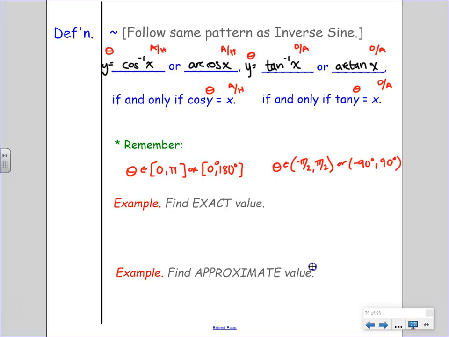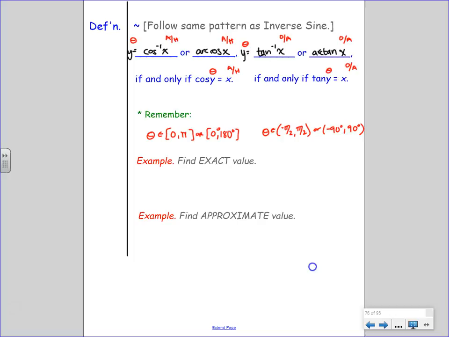I'm going to write a couple examples so we can think about it. Let's do arc cosine of negative root 2 over 2. I'll just do one each of these.